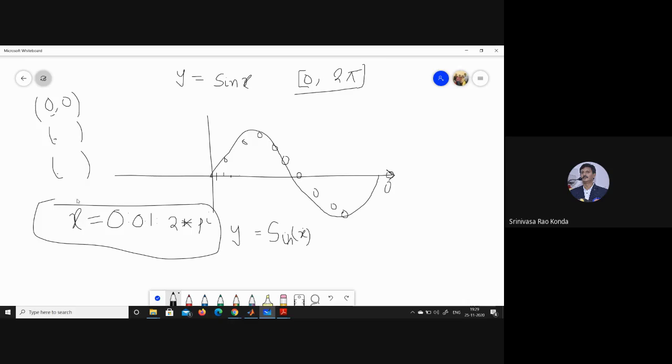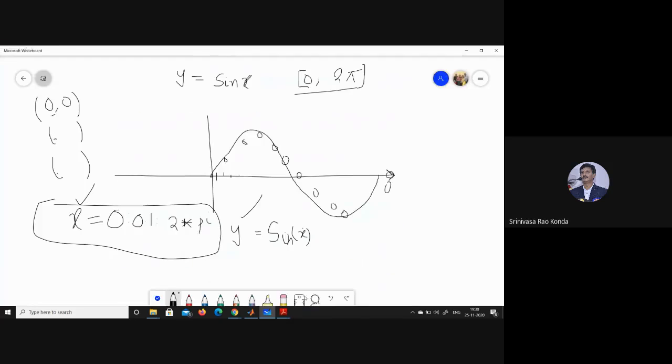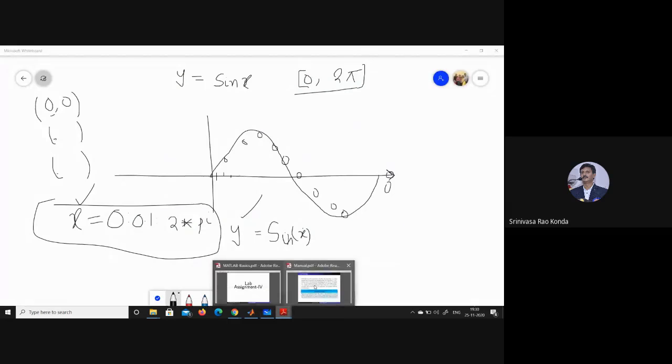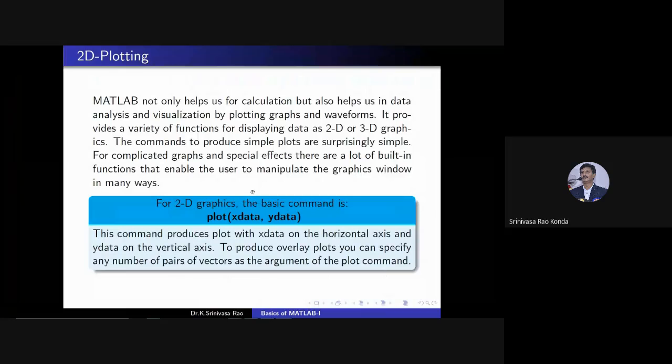Now I have x data and y data. If you want to get a plot, plot x comma y, then MATLAB displays the 2D plot.